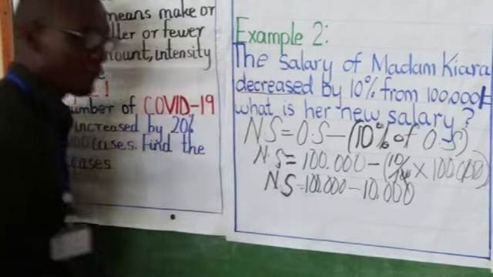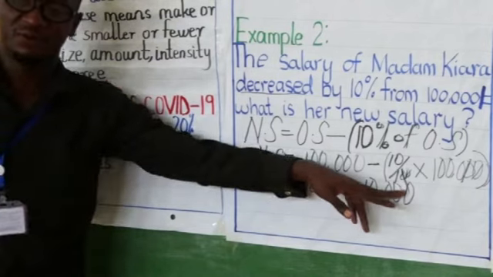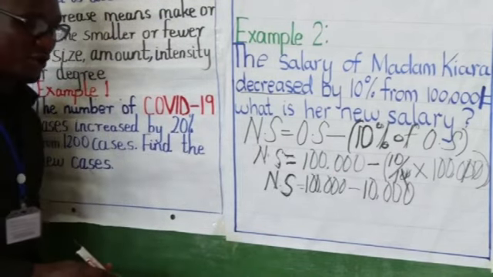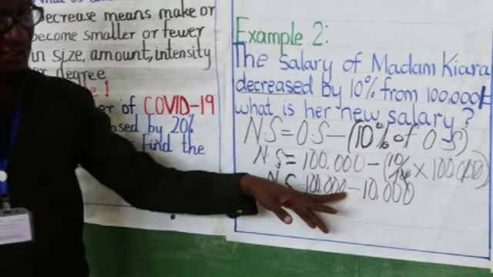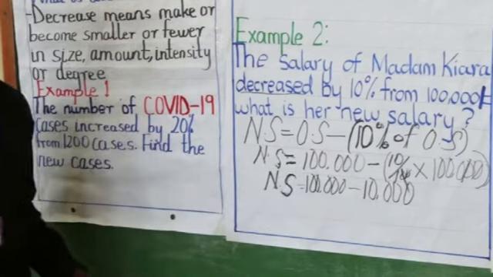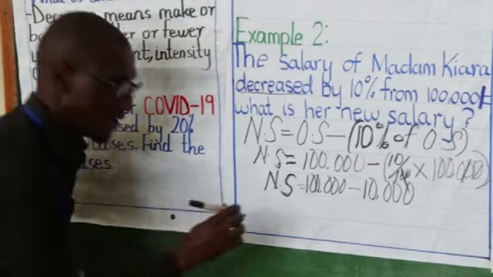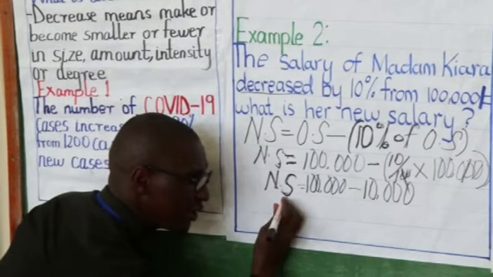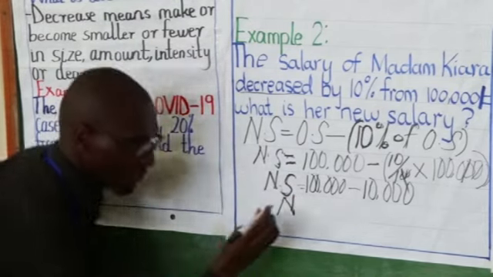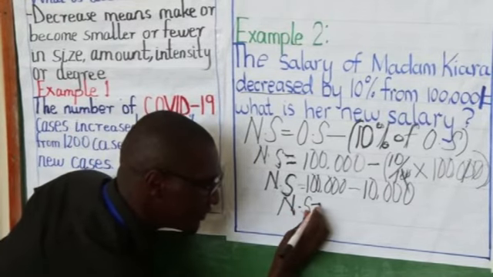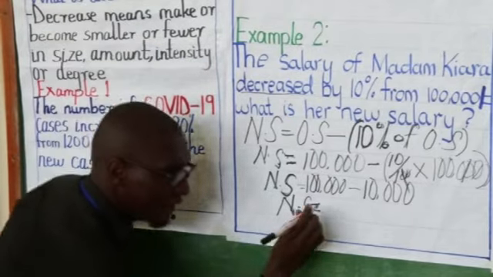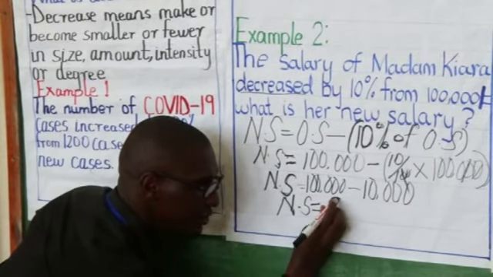All these are shillings, put in mind. So if you take 100,000, subtract 10,000, you will get 90,000. So the new salary of this madam will be 90,000.